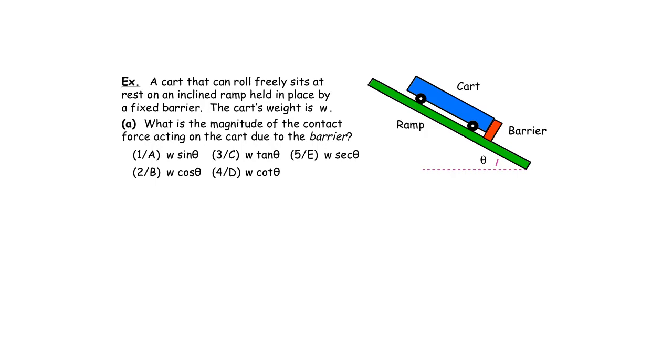So take this. Now you have these vectors. You have the angle drawn. If you see, I've drawn theta here, but then I have a similar triangle right here. See if you can answer the question, which we said. Let me just put it on one side. The question was basically, what is the magnitude of the contact force acting on the cart due to the barrier?